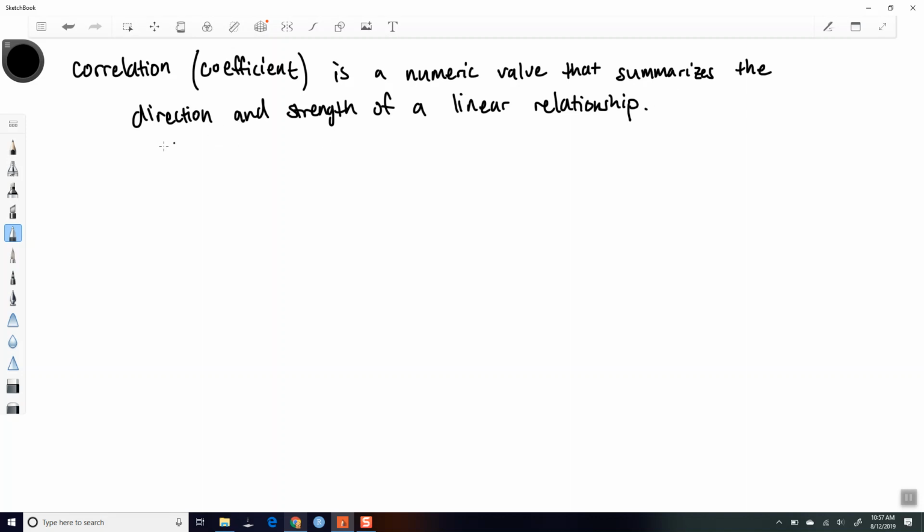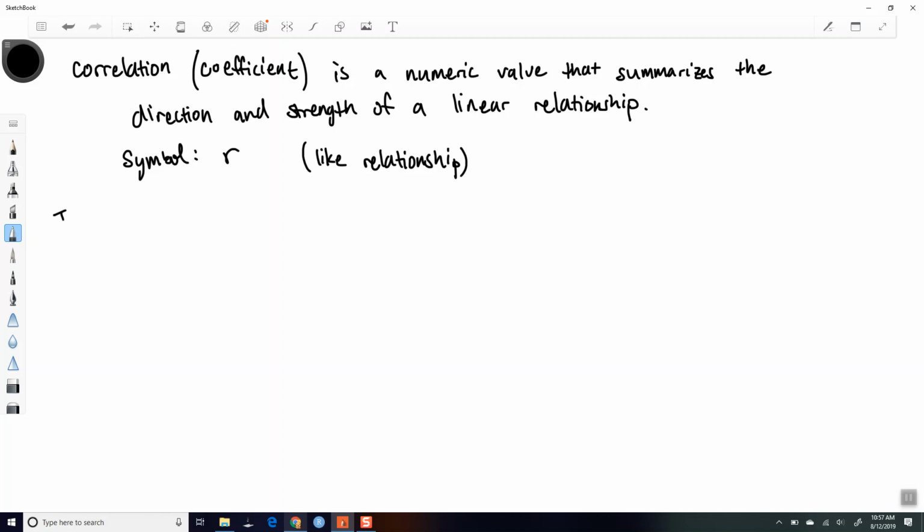Okay. And the symbol is R, okay? R like relationship. Technically, the correlation is just the result of a formula, okay? And so it can be calculated for any 2 numeric variables in the same data set, but it really only makes sense as far as interpretation goes if the relationship is linear.